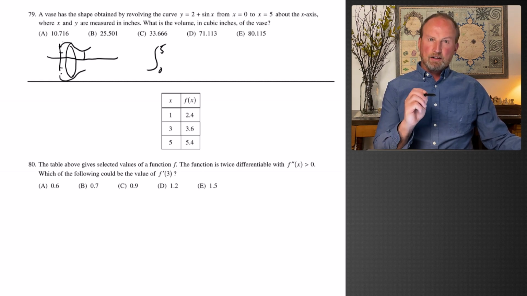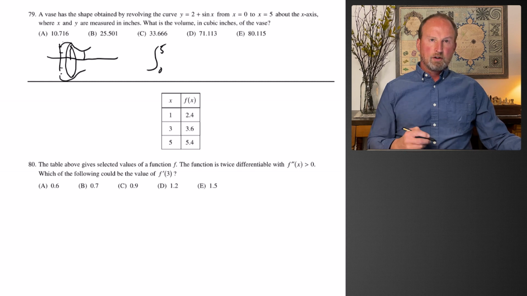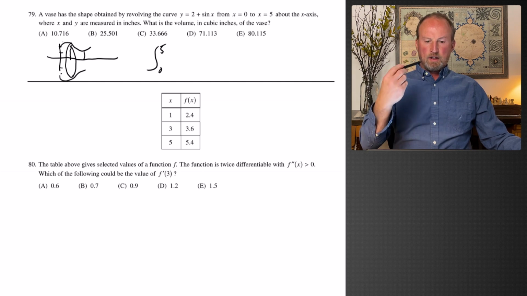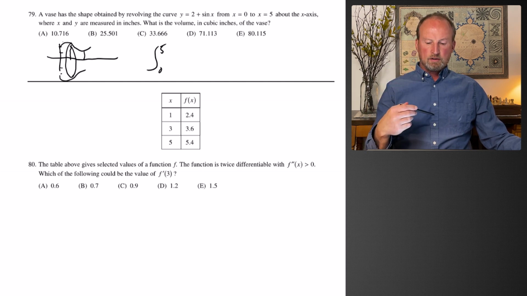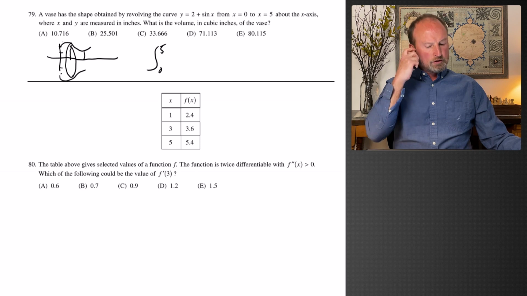So my radius is the distance from the line I revolved around to the curve. My radius is the y value. I revolved it around a horizontal line, and so I got vertical circles sitting in here.